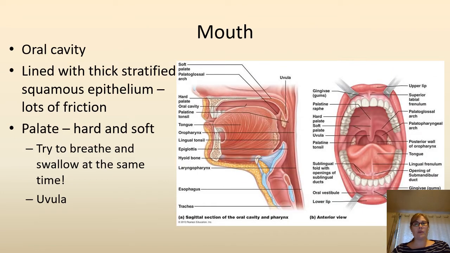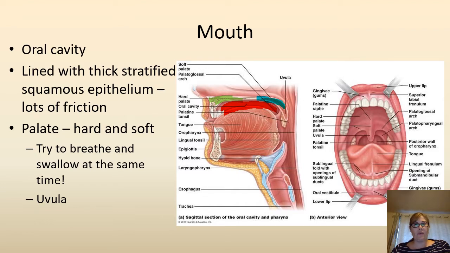We're going to start with the mouth. This is a structure that we've already talked about when we did our respiratory system. So we have our oral cavity. We're talking about this zone in here. And we have our hard palate in the front, and we have the soft palate in the back here.